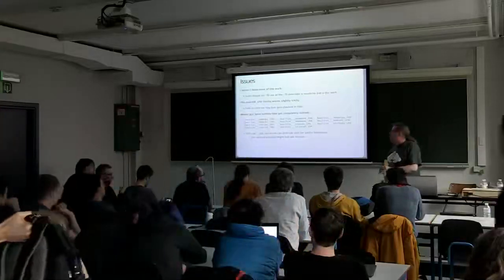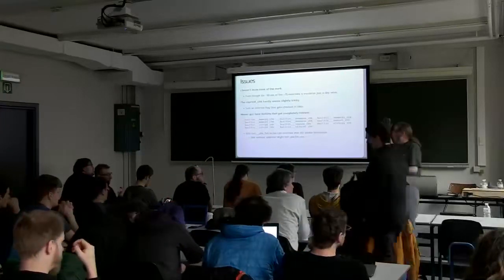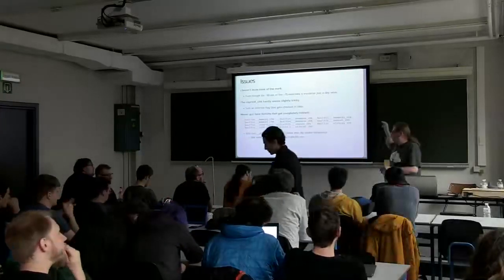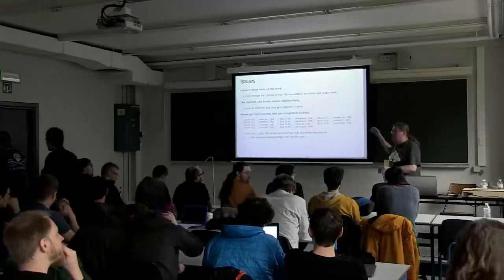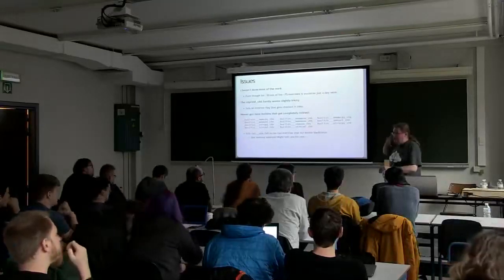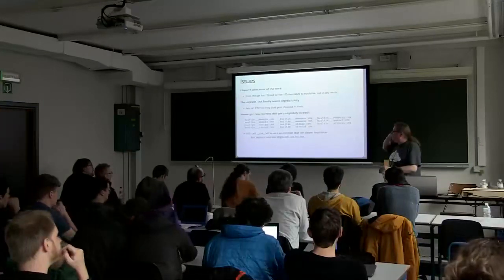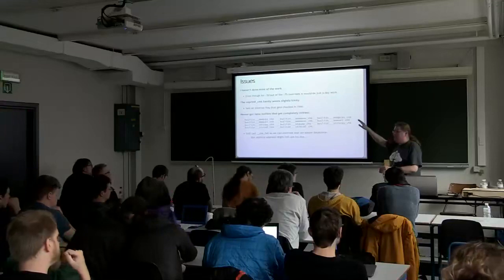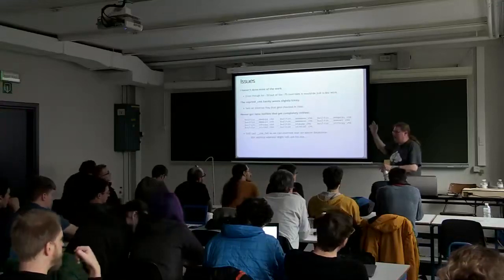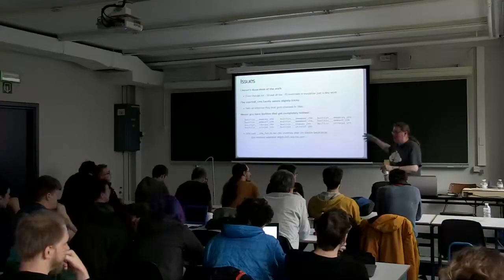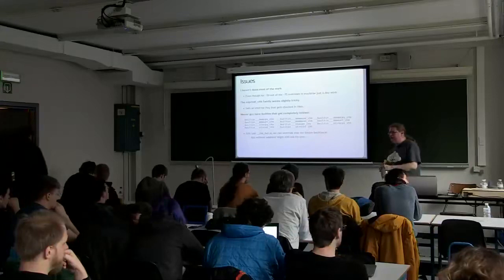No. There are 75, depending on precisely how you count, functions that have been fortified in glibc. My estimate is 50 of those are like get current working directory, where you just have the buffer and the size, and you do some checks on the buffer length and the size.